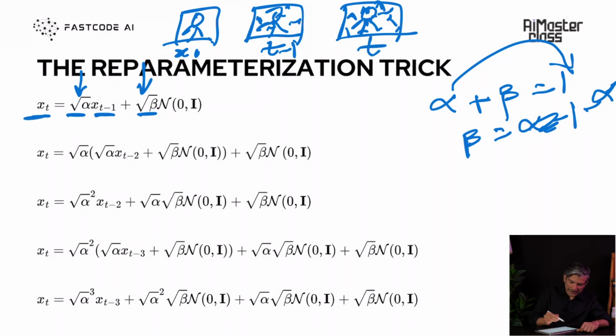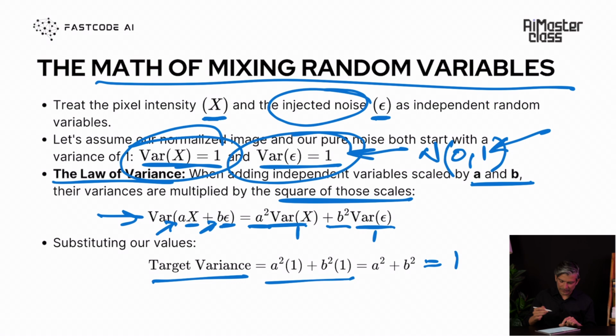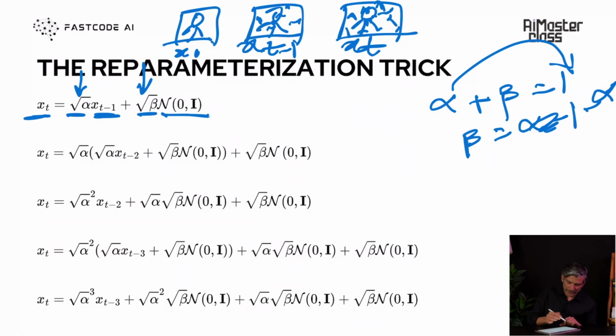The image at time t, so this is xt, and let's say this is xt minus 1, should be under root alpha times xt minus 1 plus under root beta times the noise. So what it is doing is, we already have our xt minus 1.